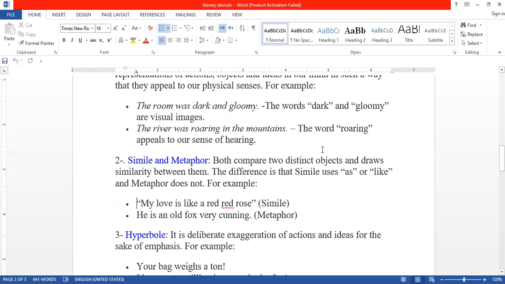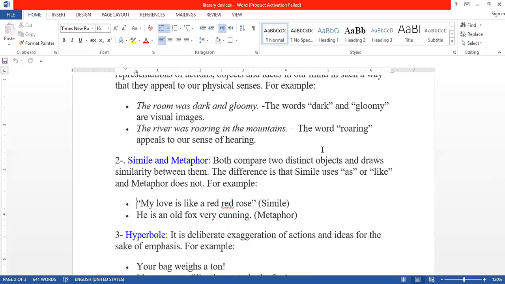All right. There's another example, as you can see: the river was roaring in the mountains. The word roaring appeals to our sense of hearing. When you read such a sentence in a given play or a short story, you will start imagining the sound of a river flowing from the mountain or between the mountains.